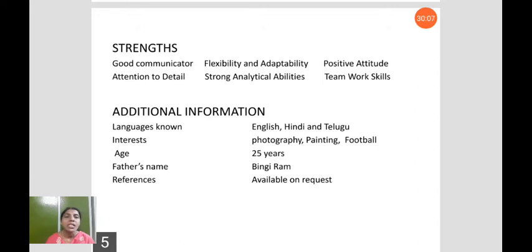So this is how you should write a resume. I already told you this is a slide and it looks divided into various sections, but when you write your resume, you print it on A4 sheet. Okay, you just make a copy on the A4 sheet.